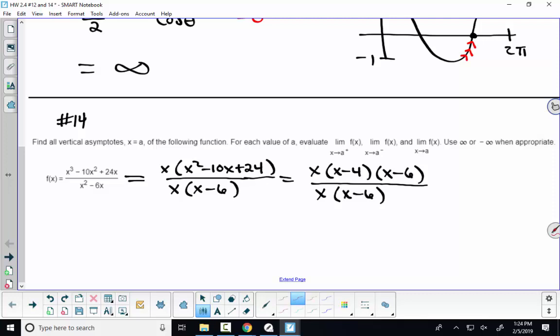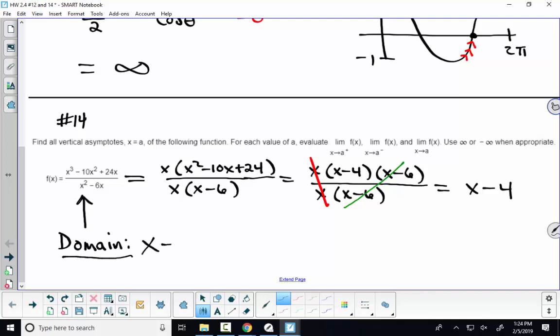That's a hole, and then that's a hole, isn't it? So that function is actually equivalent to x minus 4, except the domain of this function is what?